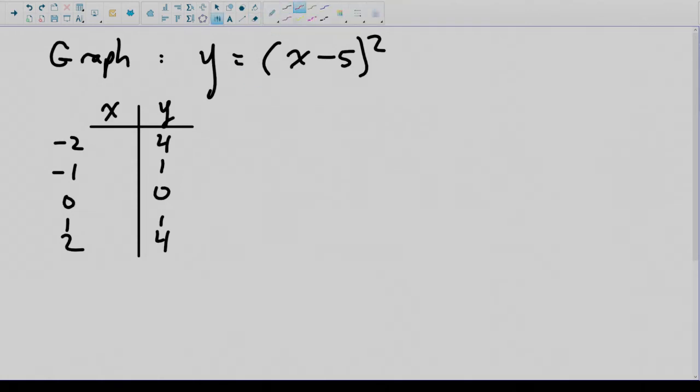Well, we've got this negative 5 here, right? That's not affecting the y values this time. That's affecting the x values because we're moving the parabola left and right, which are our x values that are changing. So what am I going to do to each x value? Well, this is where you have to remember that it does the opposite of what you think. We're going to add 5 to each one of our x values.